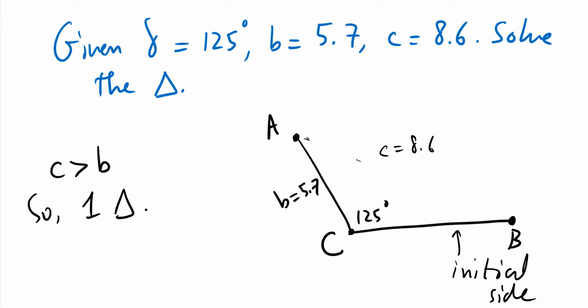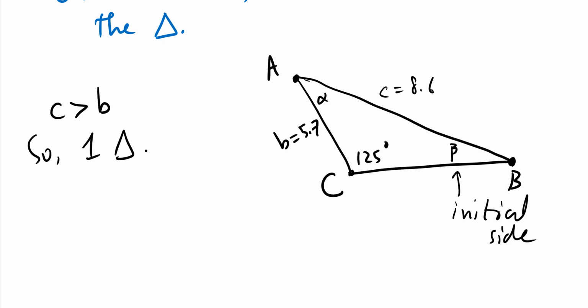This means the side will reach B. So this will reach all the way. So this is now alpha, beta, and we need to solve for the triangle. Notice I can't find the angle right away from 180 because two angles are missing. So the only option I have is law of sines.